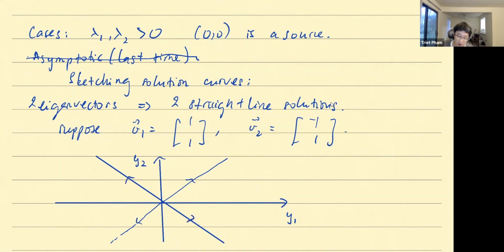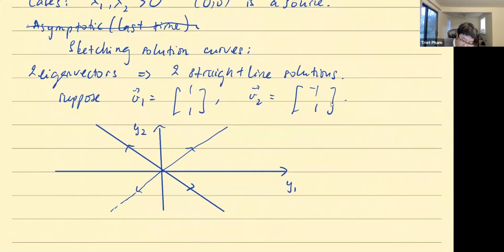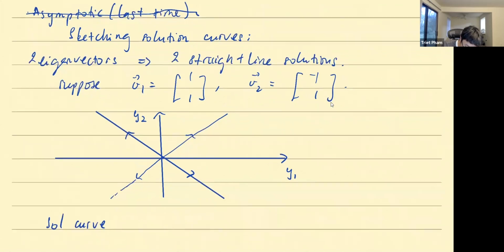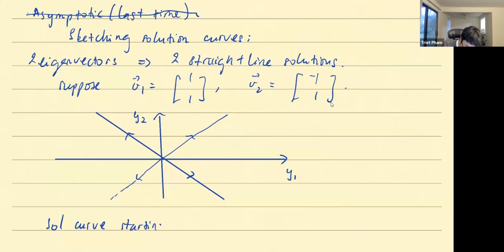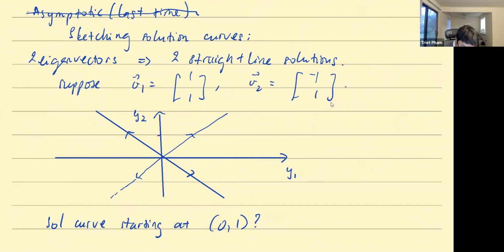So depending on the question, let's say you want a solution curve crossing (0, 1).